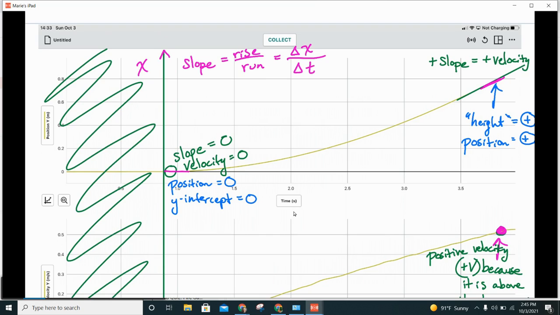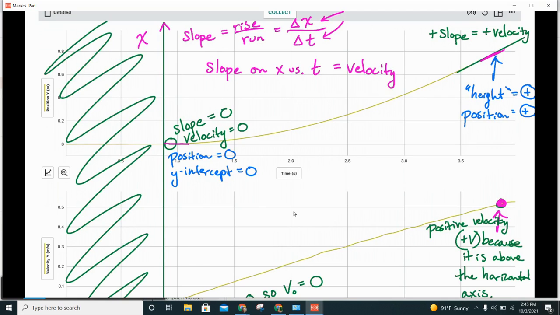And so that is the definition of velocity. It's how much your position is changing in a certain amount of time, which would describe how fast you went. How far did you go and how long did that take you? Okay, then I know how fast you're going. So your slope on a position versus time graph is your velocity.